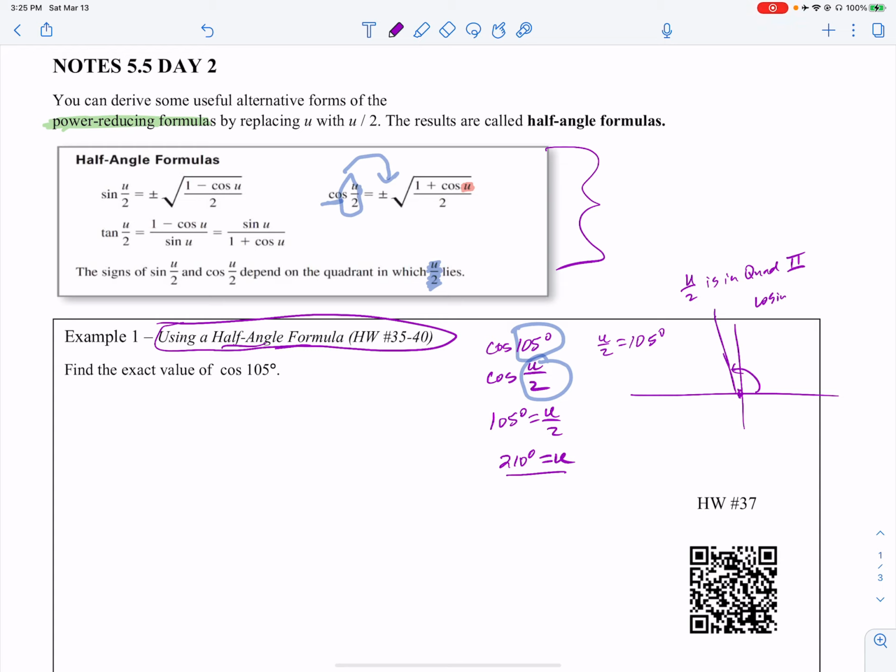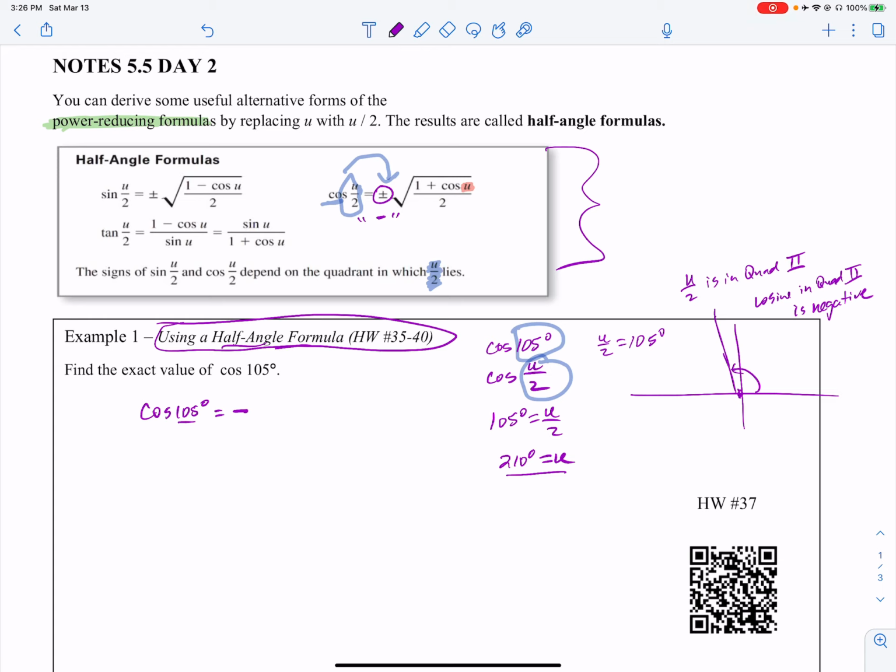And cosine in quadrant 2 is negative because cosine deals with x. So when I use this formula right here, I am going to choose negative because that 105 degrees is in quadrant 2. I want the exact value of cosine of 105 degrees. This is that half angle. 105 is quadrant 2. Cosine in quadrant 2 is negative. That's why I choose that.